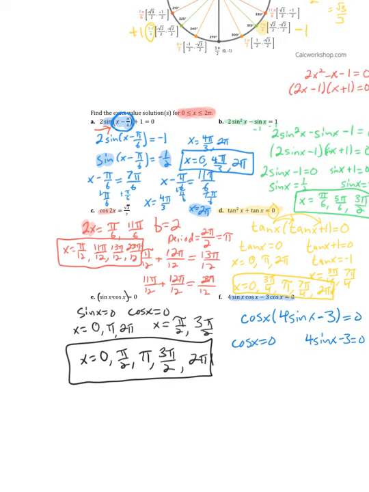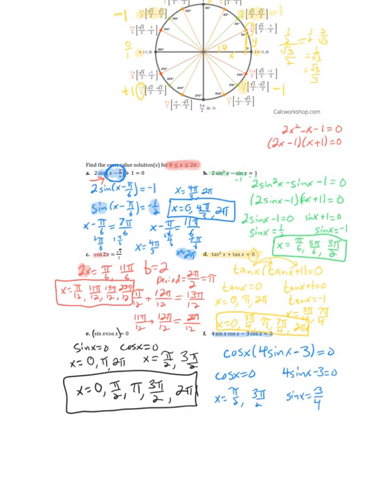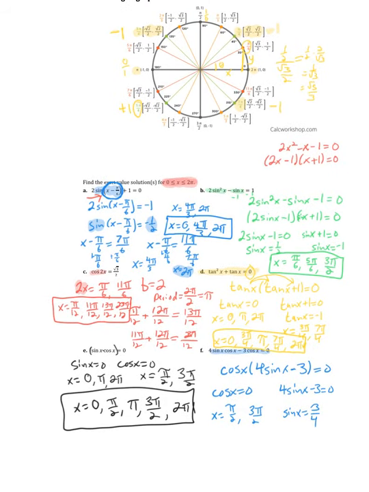So when cosine of x equals 0, x equals pi over 2 and 3 pi over 2. 4 sine of x equals 3, well, that's going to be sine of x equals 3/4. If I'm looking at my unit circle above, there aren't any y values of 3/4 anywhere on here.